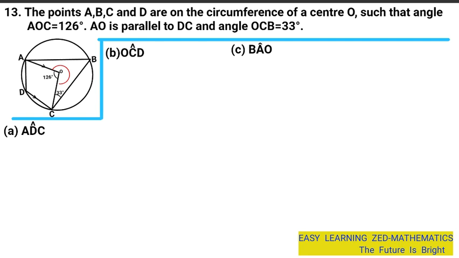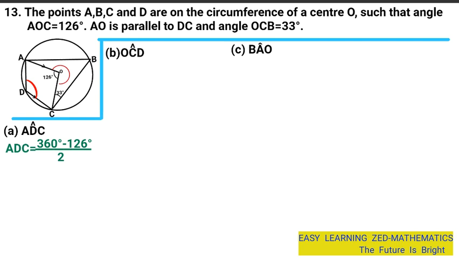So angle ADC is equal to 360 degrees minus 126 degrees, divided by 2. The total angle of that red arc is 2 times the angle ADC.